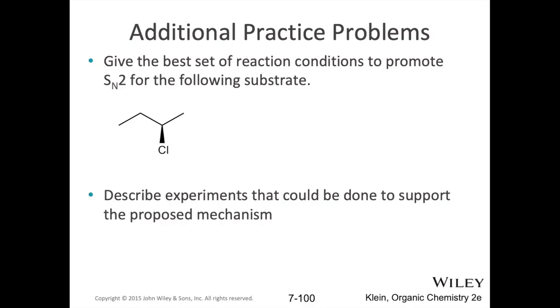Well, it helps to have a really strong nucleophile. Okay, so we probably want something with a negative charge, so maybe the sodium salt of something as our nucleophile. It helps to have a polar aprotic solvent. Okay, so you want to pick a polar aprotic solvent like DMSO or acetone or acetonitrile or whatever.